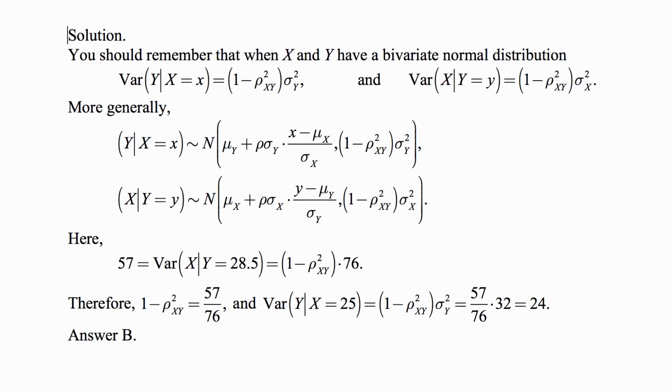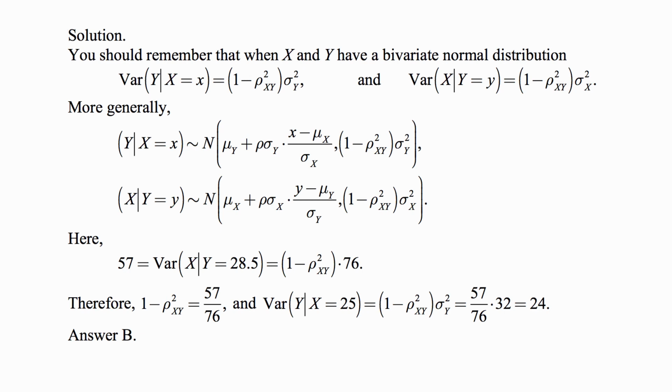And the distribution of X given Y is equal to specific value little y is normal with mean mu sub x plus rho times standard deviation of x times y minus mu sub y over sigma y, and with the variance that I just described. This is actually important that you memorize this. Note that this very important property is that the conditional mean is a linear function of that specific value of x that is known, that big X is equal to.